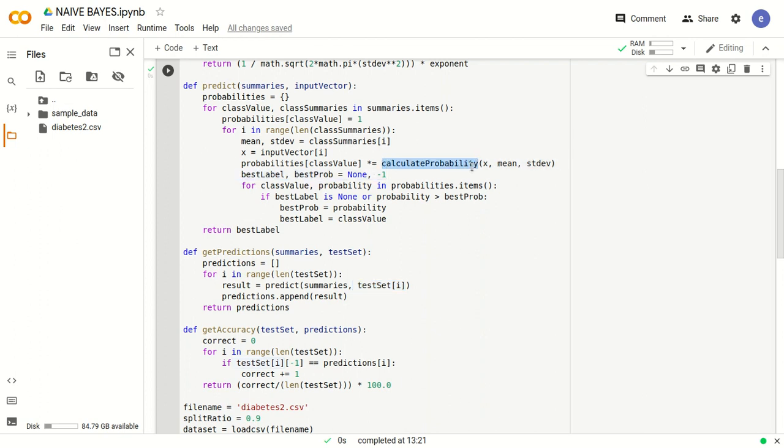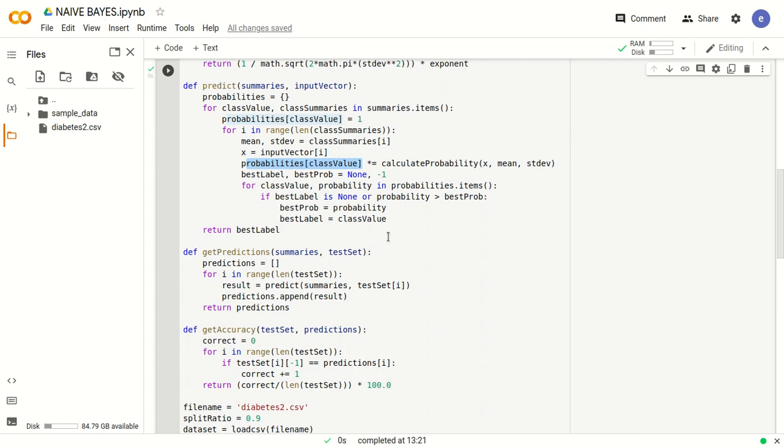Implementation wise, this is the most important line of the code. The reason why the program is working is this part of the code. It will calculate the probability, and whatever is returned will be stored in the probabilities dictionary. Probabilities of class value will be updated. Initially we just assume it is 1, ultimately we calculate and update it.